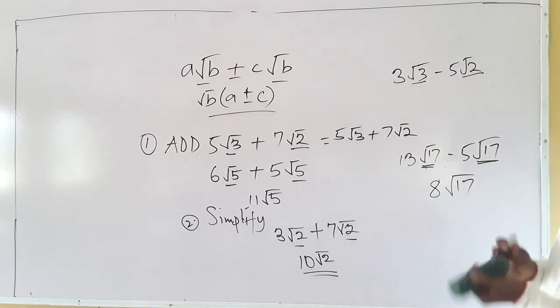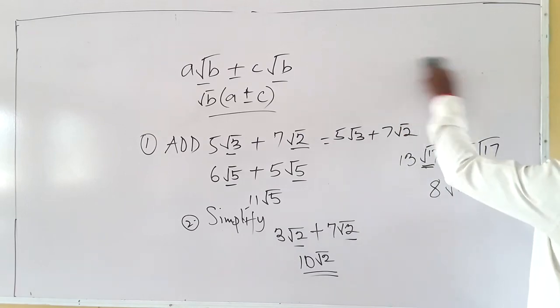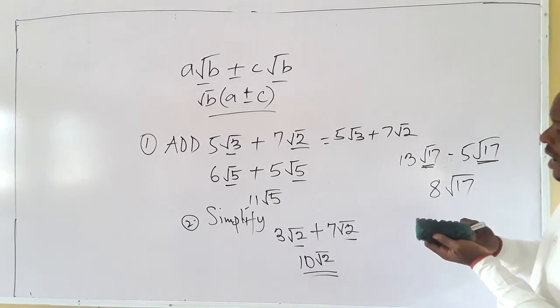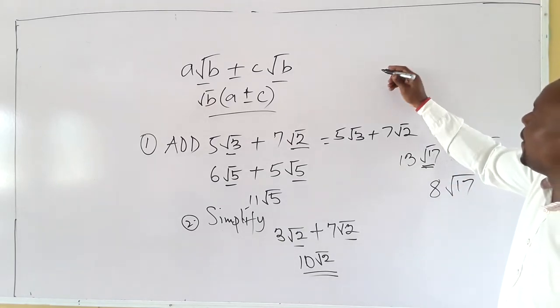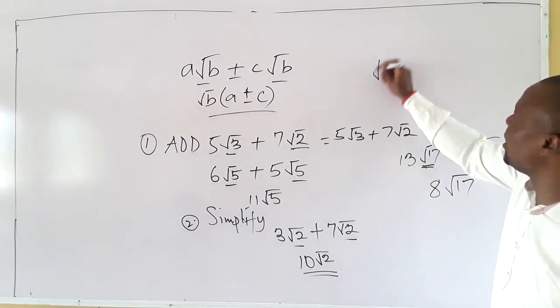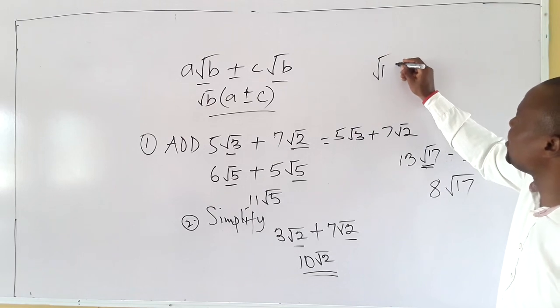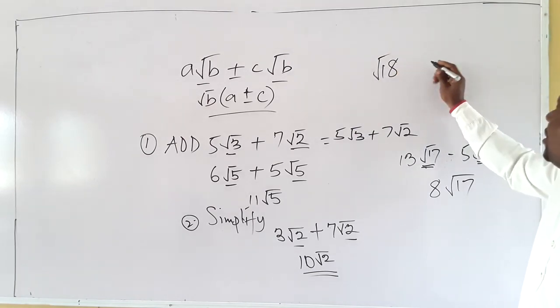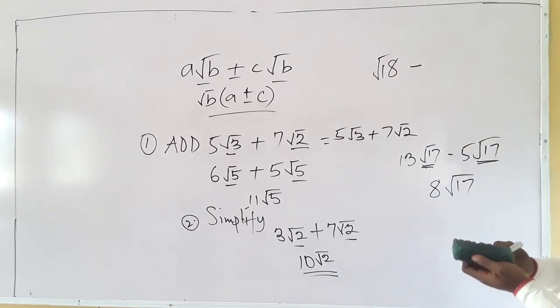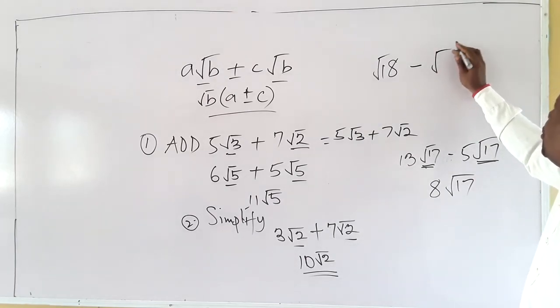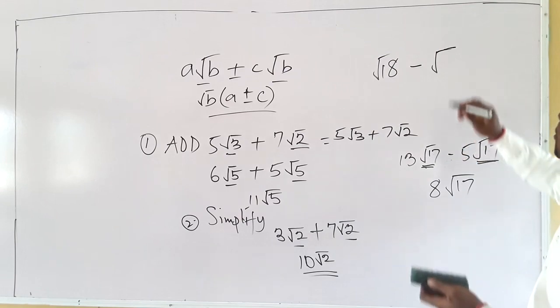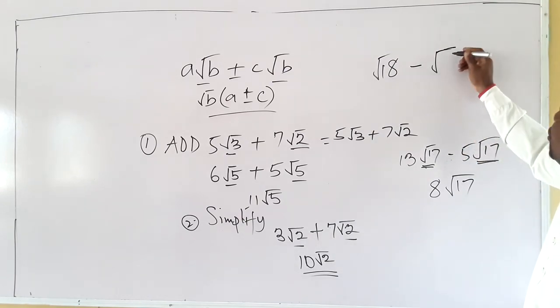But there are cases whereby you can have something of this nature: simplify root 18 minus root 27.